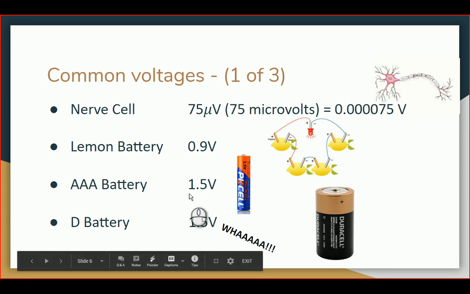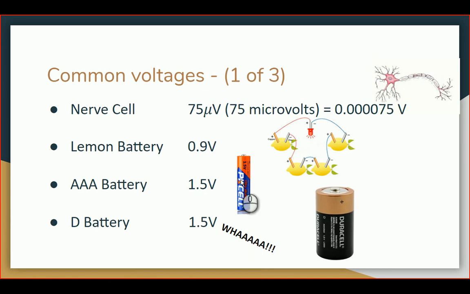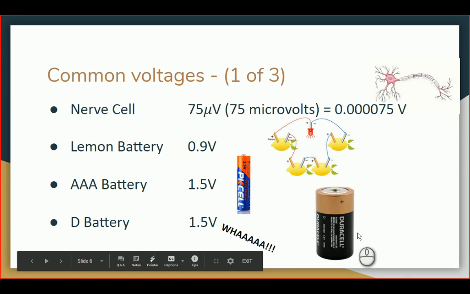The reason that they're 1.5 volts is because they use the same materials: zinc and manganese dioxide. And there is an alkaline electrolyte in between those two metals, that's why they're called alkaline batteries. This one just has more of those metals and electrolyte, so it'll last a lot longer.